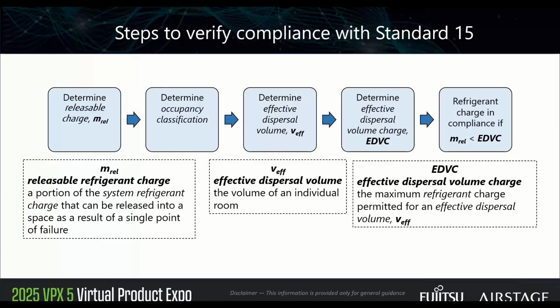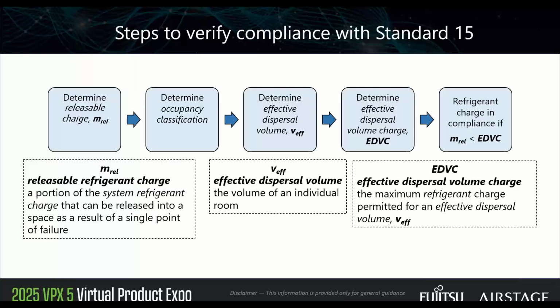We recommend those 5 basic steps to verify compliance. First of all, we have to determine the releasable charge, MREL. I use the standards' abbreviations, MREL, and that's the releasable refrigerant charge. Determine occupancy classification, also needs to be done. It's relatively easy in general.